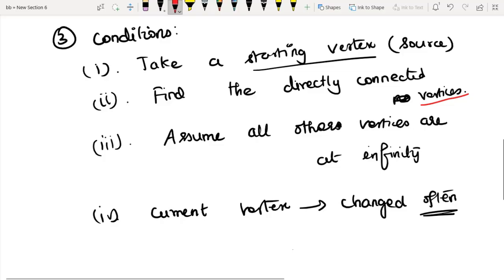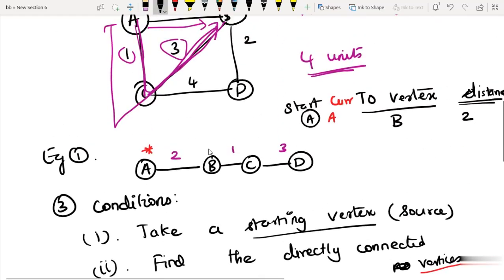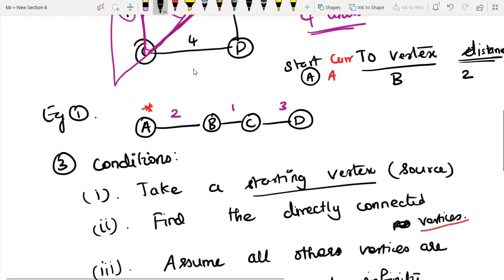This infinity denotes that those are not directly connected. Let me assume I don't know the distance from A, so I'm assuming the distance is very high. So for C it is infinity and for D it is infinity.